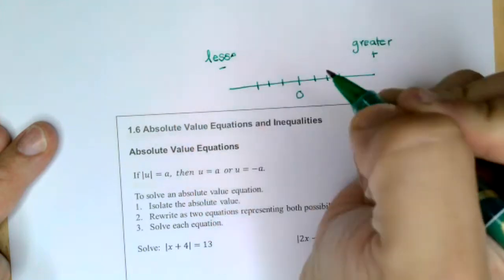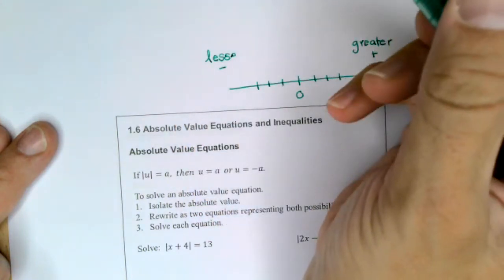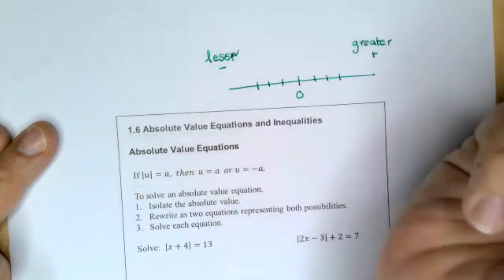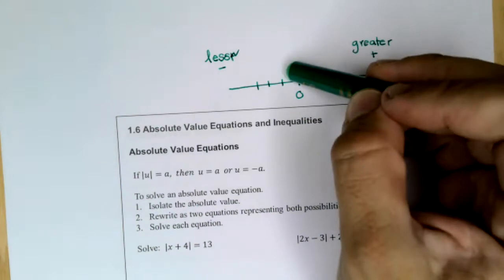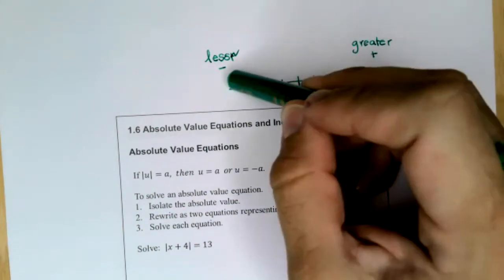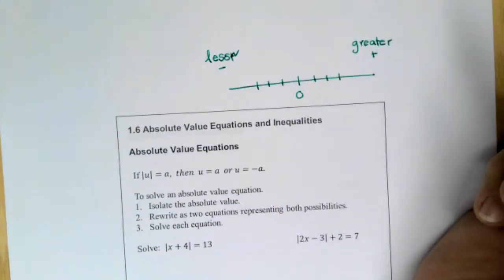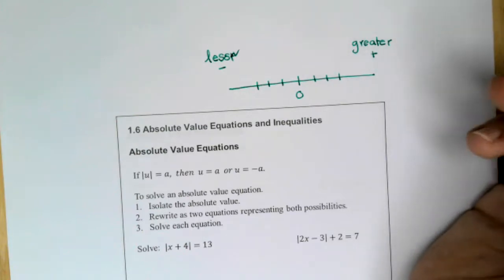Less than, greater than. With absolute value, you're just talking about distance, and distance can never be negative. So it does not matter if you are moving on the number line in a positive direction or a negative direction. It is just a measure of distance.